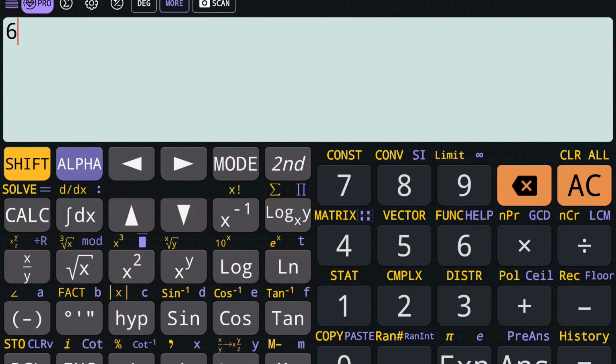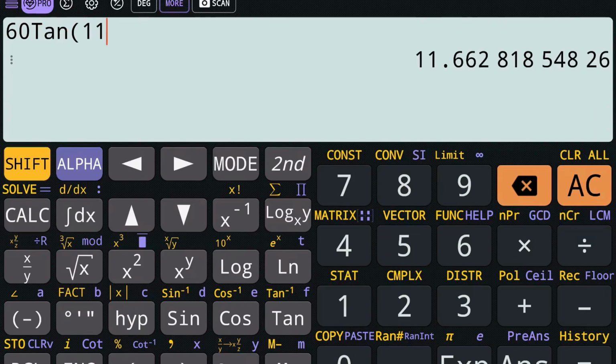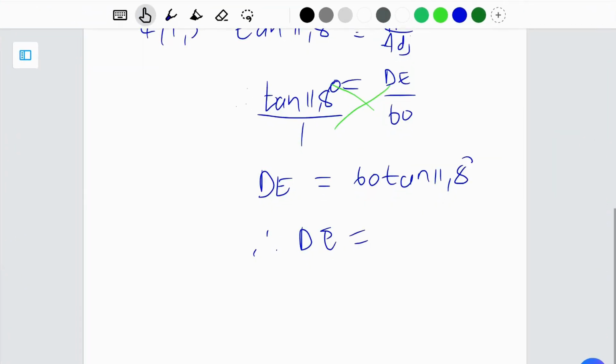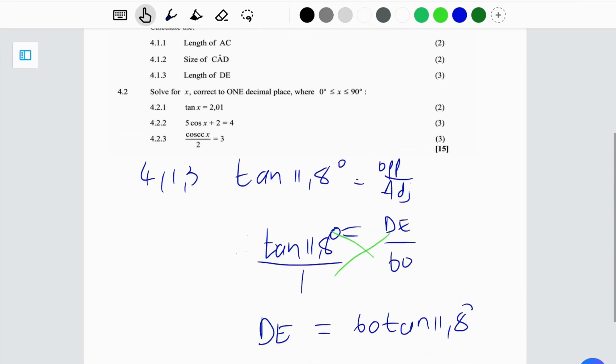We're going to say 60 tan 11.8. And as you can see there, DE equals 12.53 rounded off to 2 decimal places. And that is 12.53 units, okay?